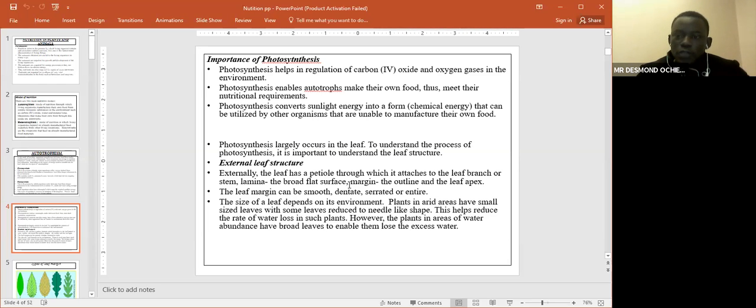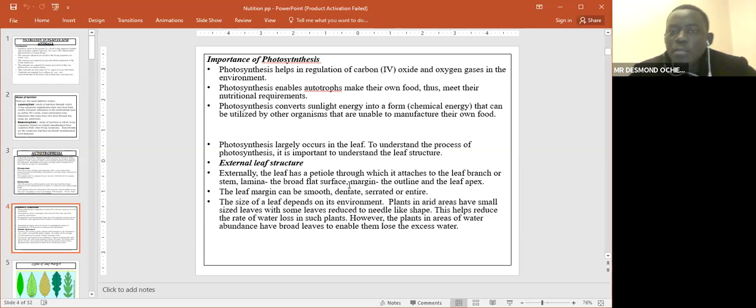Now, like I said, photosynthesis is a very vital process that occurs in plants and in some protoctists and also in some bacteria. So photosynthesis as a process is important for the following reasons. Number one, photosynthesis helps in the regulation of carbon dioxide and oxygen gases in the environment. Now we know that carbon dioxide and oxygen are both gases which are available in the air.